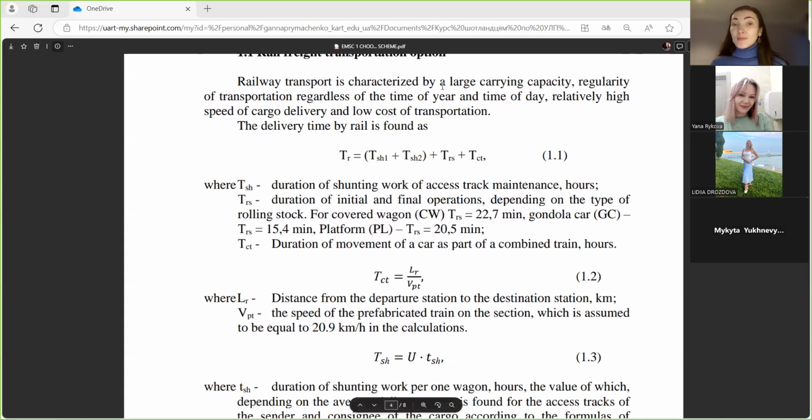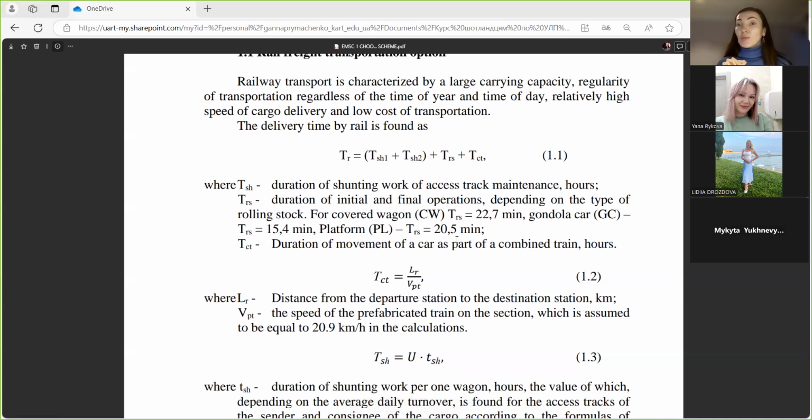After it, plus, we need to find big T with index RS. It is the duration of initial and final operations depending on the type of rolling stock. For example, if we have covered wagons, we have one time. Gondola car, we have another time. Platform, we have another time.